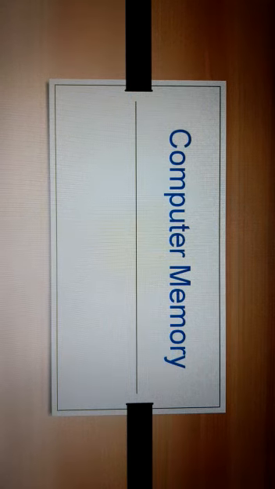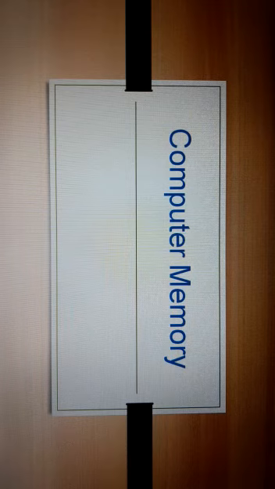As you know, there are two kinds of computer's memory. One is primary memory or main memory, and the other is secondary memory or mass memory. You can also call it internal memory or external memory. Primary memory is accessible directly by the processing unit. RAM is an example of primary memory.